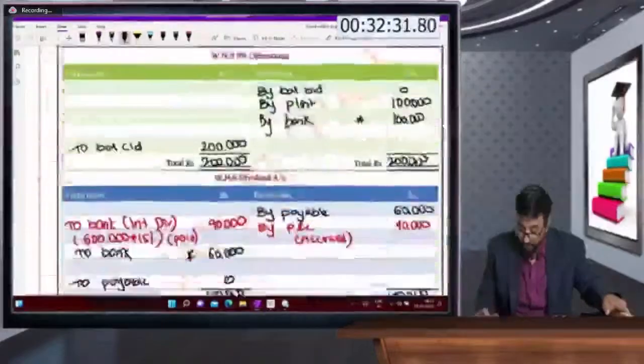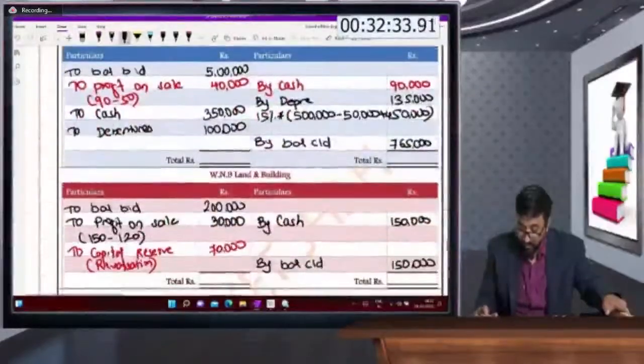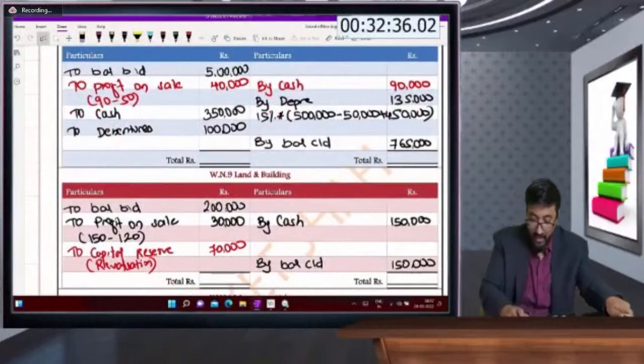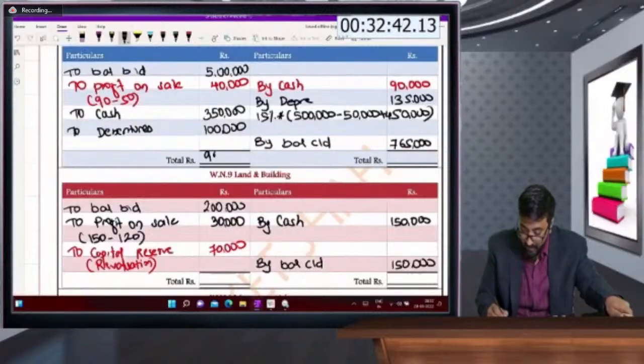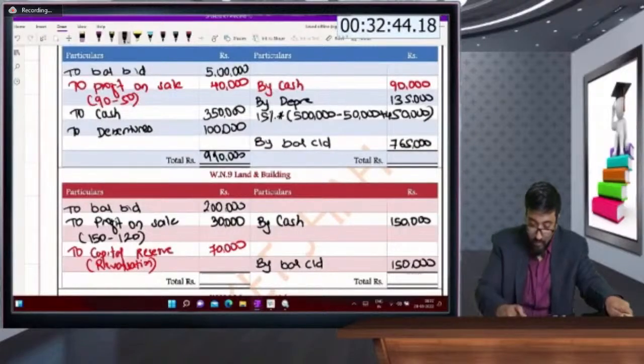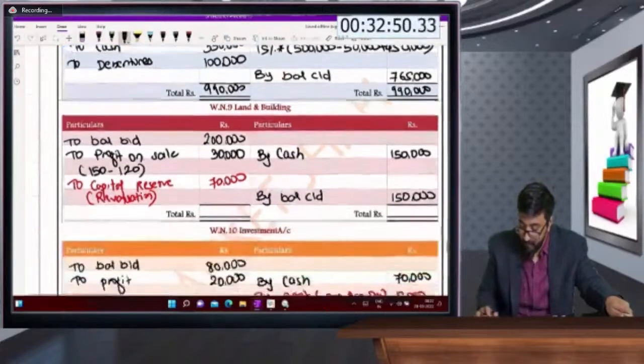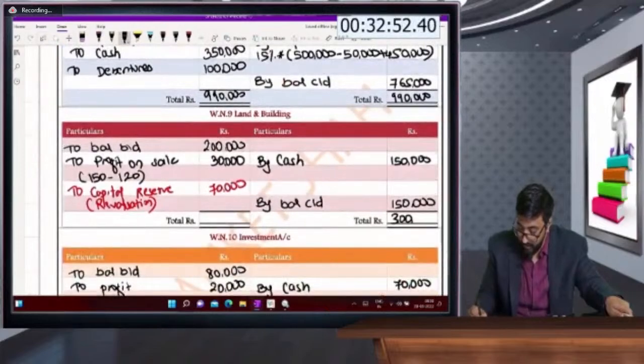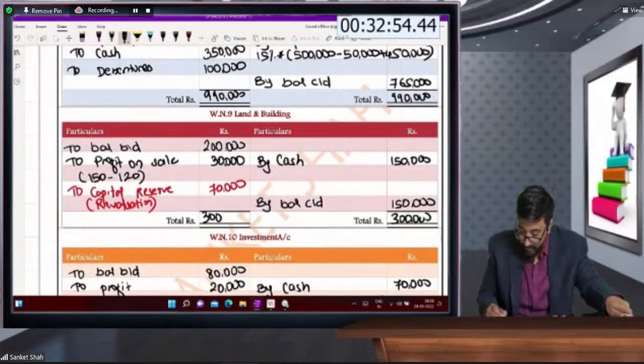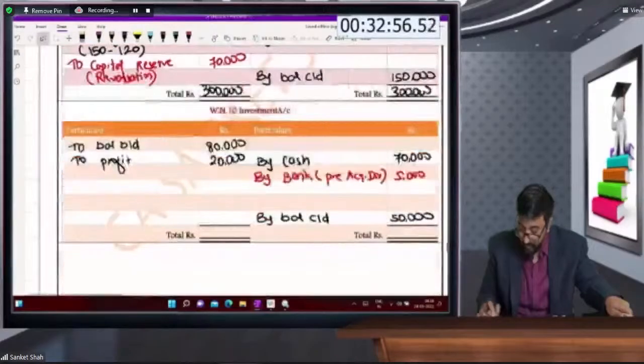After that, which account? Income tax over. I think plant and machinery is tallying. Plus 350 plus 100, it's 9,90,000. 765 minus 135, yes, tallying. This is again tallying, 3 lakhs, 3 lakhs. Investment is not tallying.